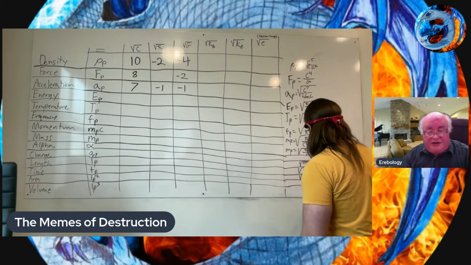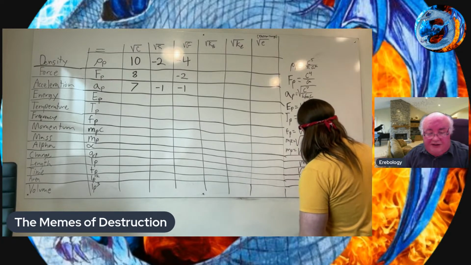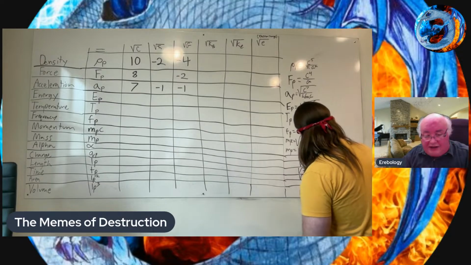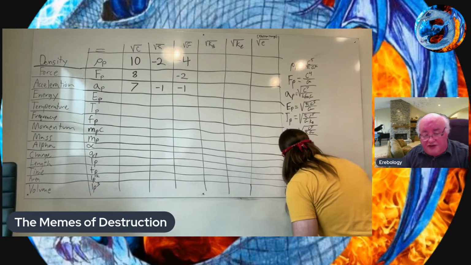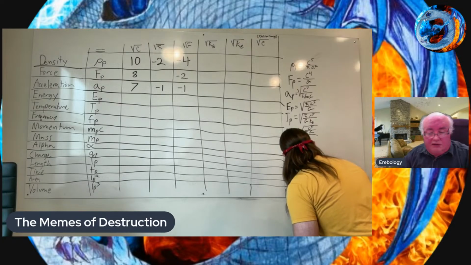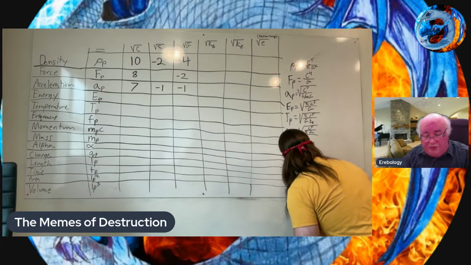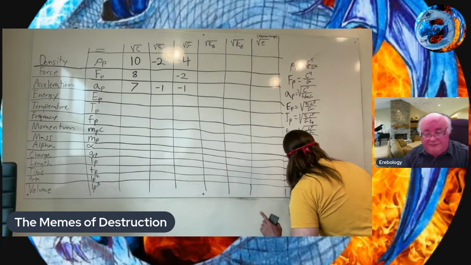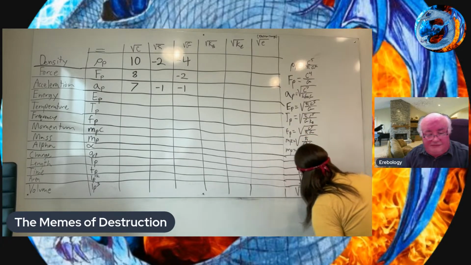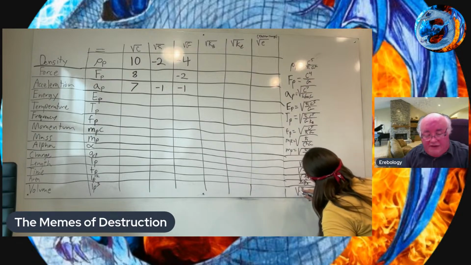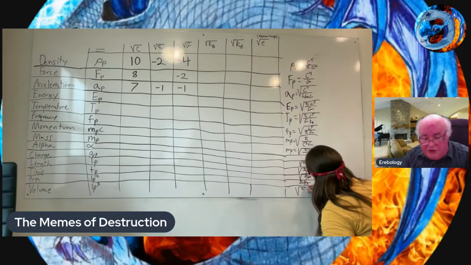Area, in my notes, I don't have it under the radical. This is outside the radical: h bar G over c cubed. Then volume again is under the radical h bar cubed G cubed over c to the 9th.